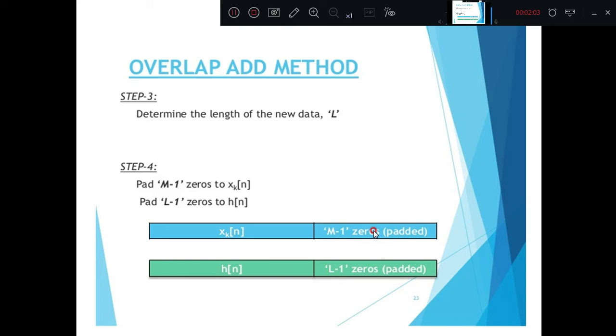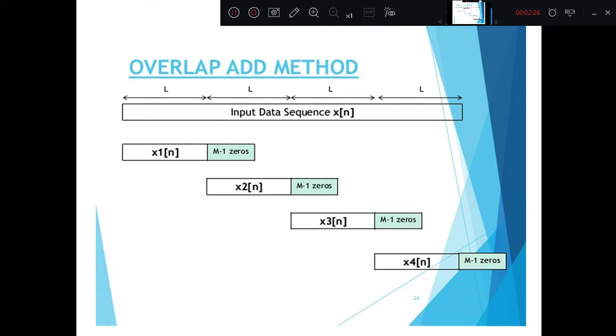That case is not here. So M minus 1 zeros you have to add after x1 of n, and L minus 1 zeros also at the end of h of n, not at the beginning.